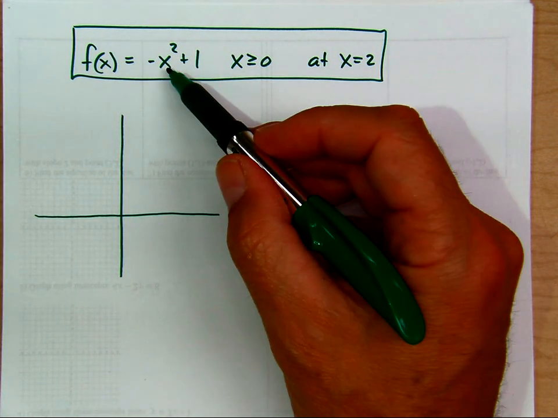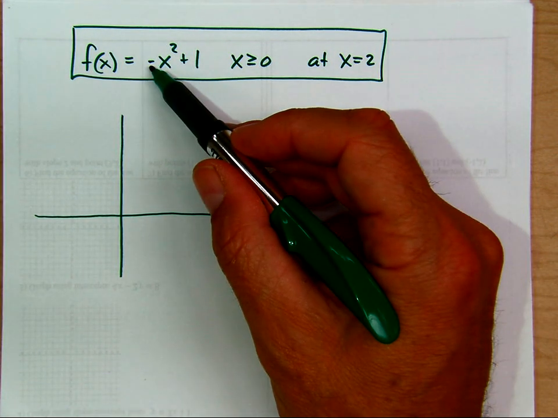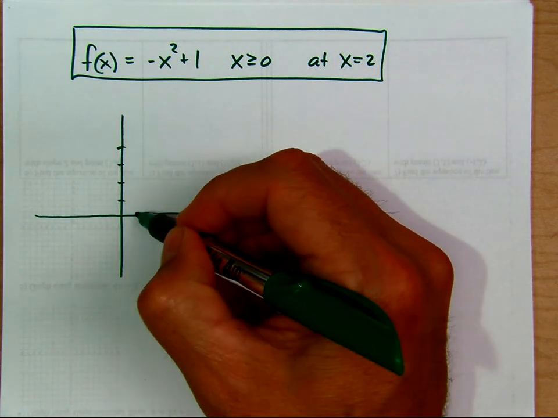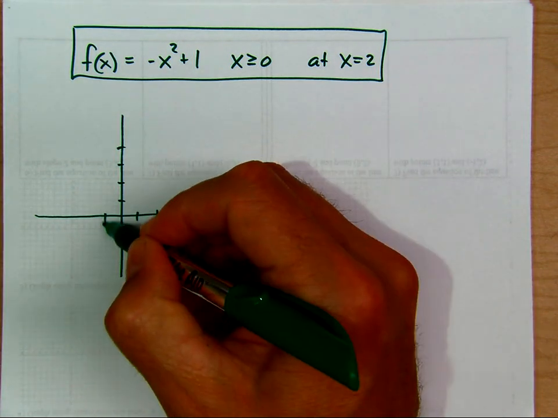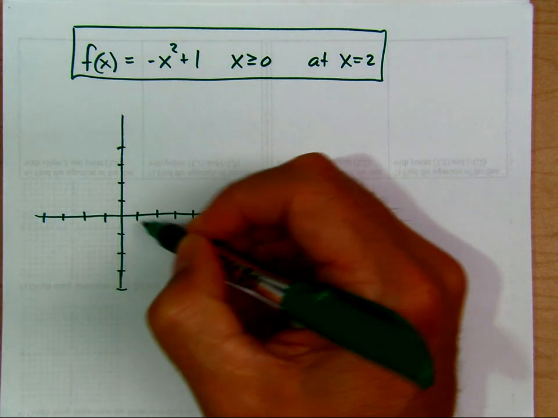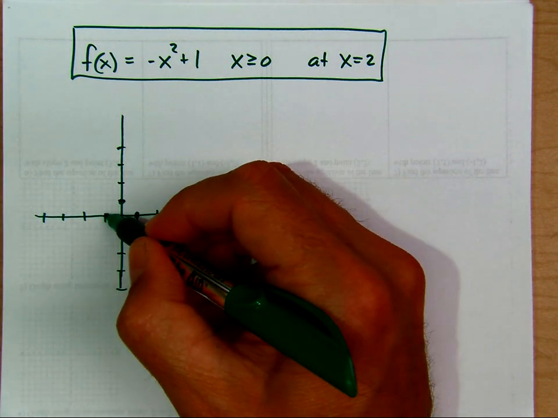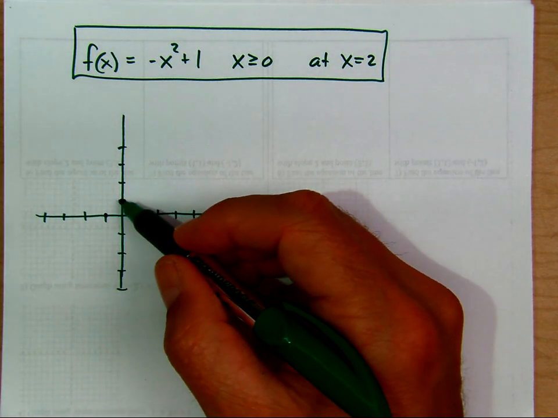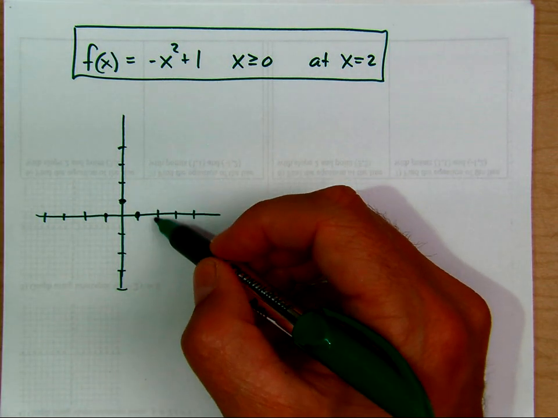Here we have a reflected parabola shifted up 1. And we're only going to graph the right side. We can go over 2, down 4, 1, 2, 3, 4.